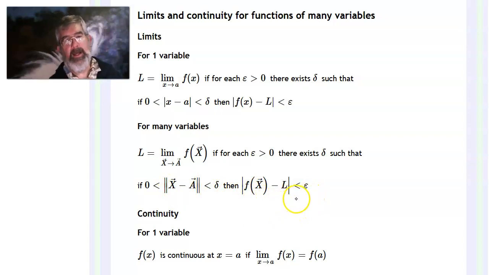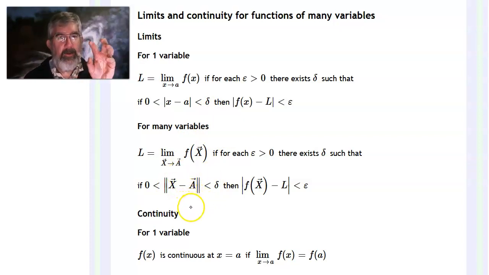Now, one thing that we should point out is that the norm of x minus A is describing a set of points that are considered close to A. In one variable, this was describing a little line segment with A right smack dab in the middle, and the radius of that line segment, the distance from the center out to the two endpoints, is delta. When you're in two dimensions, this equation is saying A is at the center of a little disk.